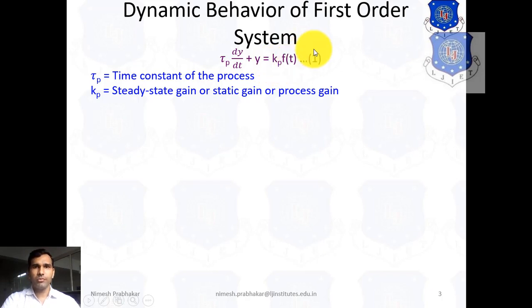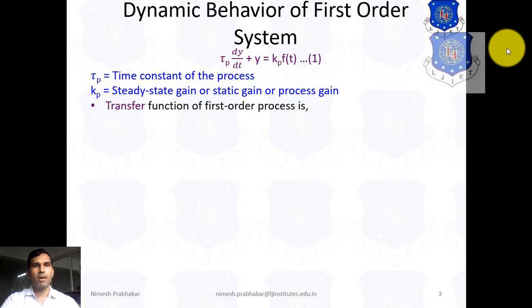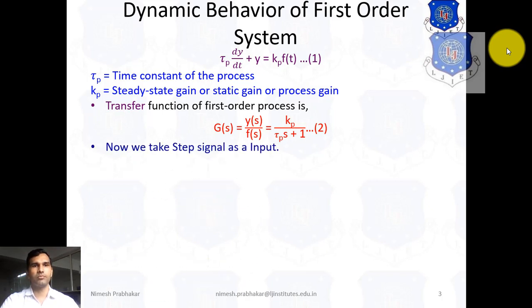Now, we also know the Laplace transform of the first order system. We can write it as G of s is equal to Y of s upon F of s is equal to Kp upon tau p s plus 1. So, this is the equation of the Laplace transform of the first order system.